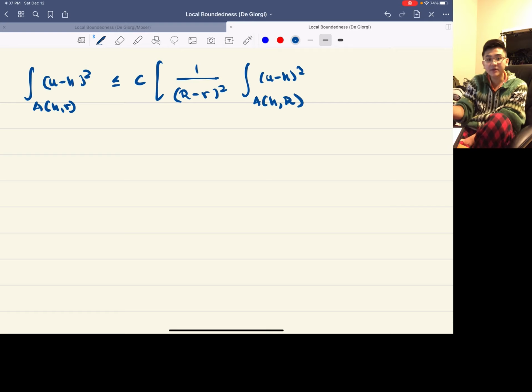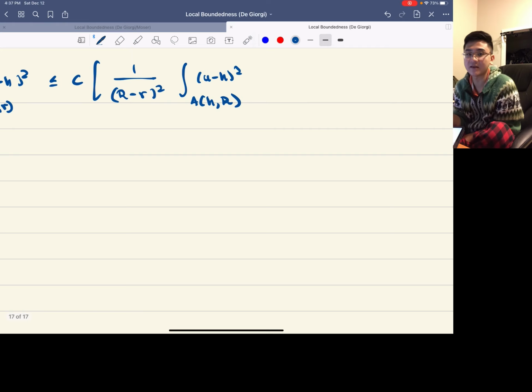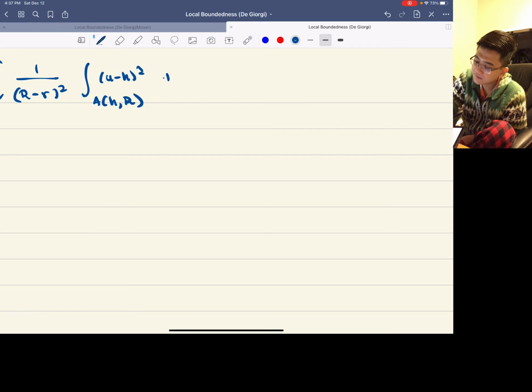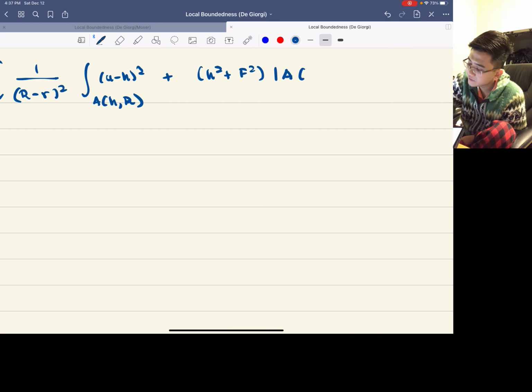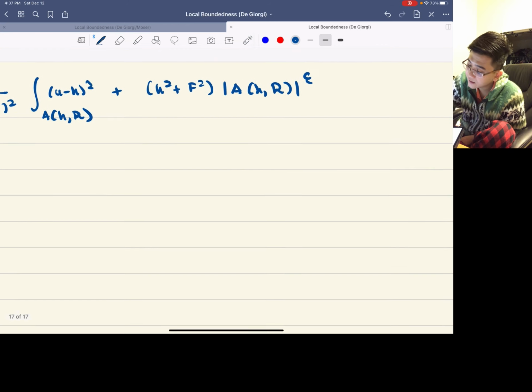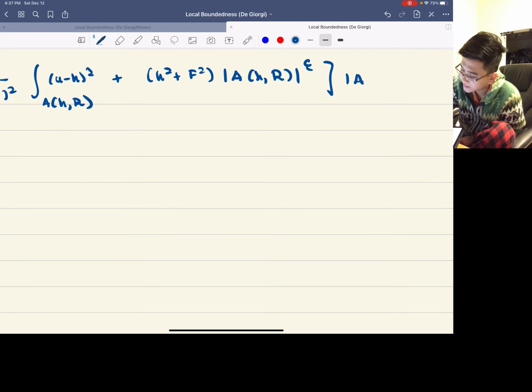So instead of k, I put an h. H is bigger than k0, plus h squared plus f squared times the measure of A(h,r) raised to epsilon. And I factored out this one. Okay?